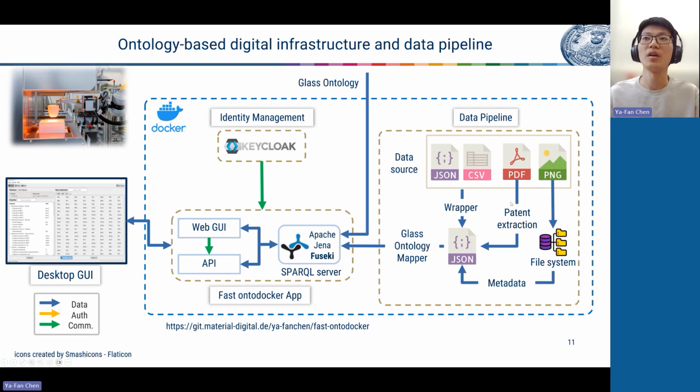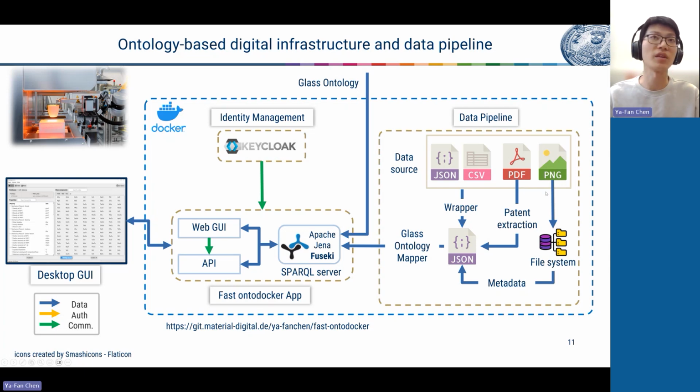The patents will be extracted using the data pattern extraction tool, converted into JSON, and then further mapped to the glass ontology. The two major data sources are, of course, the melting process and the open source database, so these two will be the focus and will be wrapped and mapped with the ontology.